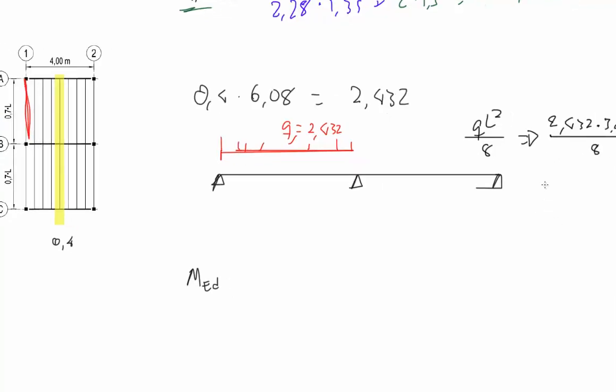That would be 2.432 times 3.85 squared divided by 8, which is equal to 4.5 kilonewtons per linear meter or per meter squared. I don't know.